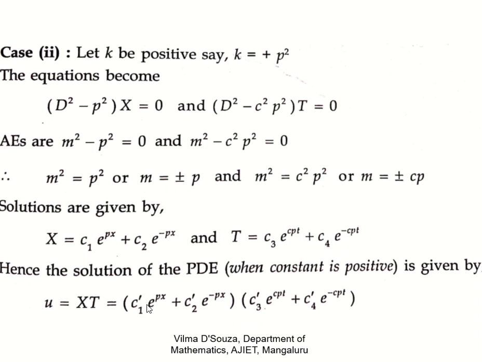We are writing here c1 dash, c2 dash because already in the previous case you have used c1, c2, c3, c4. So instead of using c1 dash, c2 dash, c3 dash, c4 dash, you can use c5, c6, c7, c8 also.